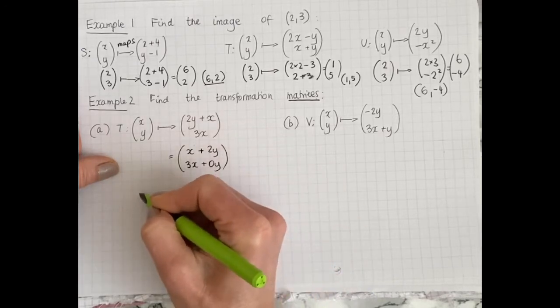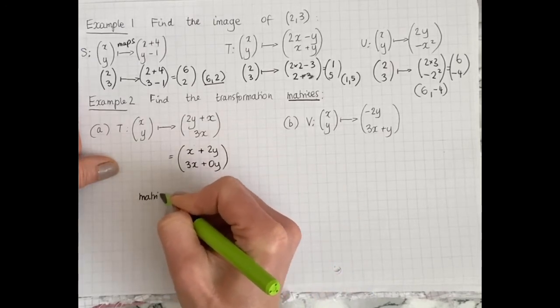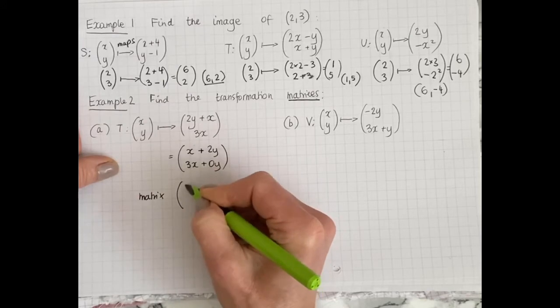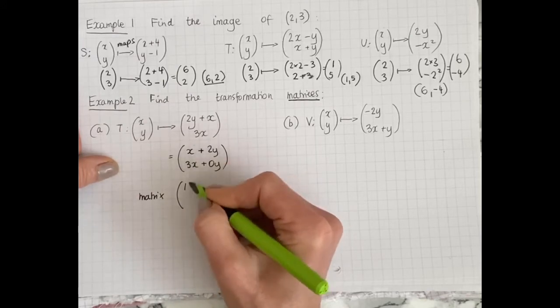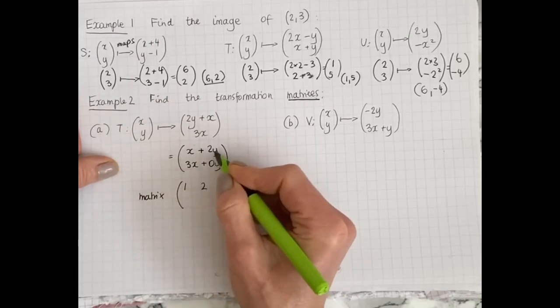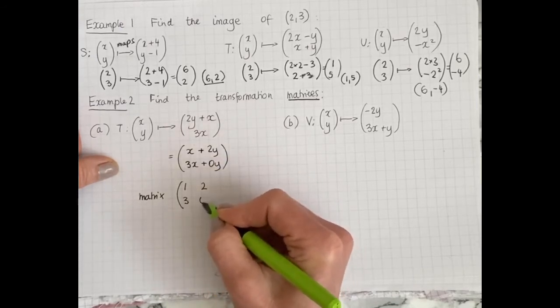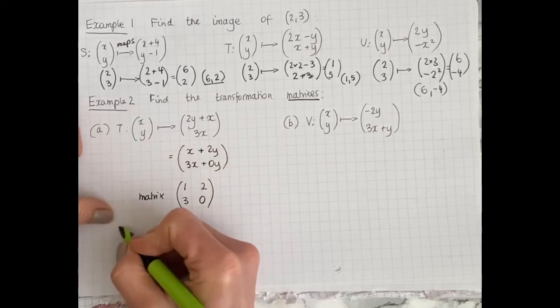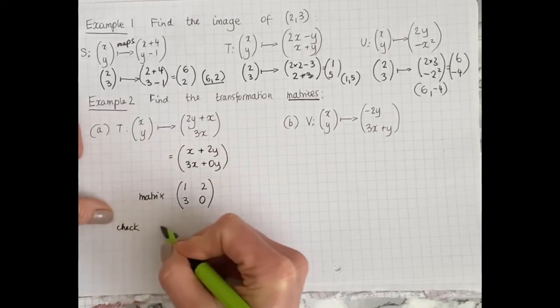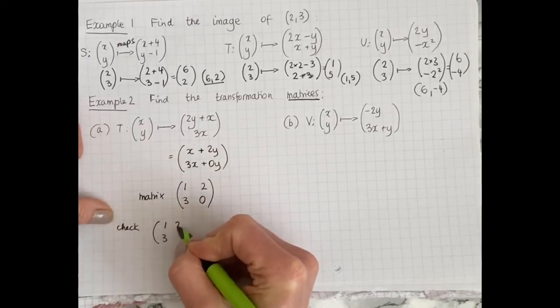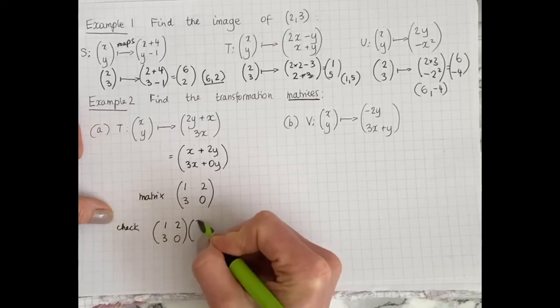So the matrix is going to be 1, because you take the coefficient of x as 1, 2, that's the coefficient of y as 2, 3 on the bottom, and 0. Just to check, we can multiply 1, 3, 2, 0 by x, y.